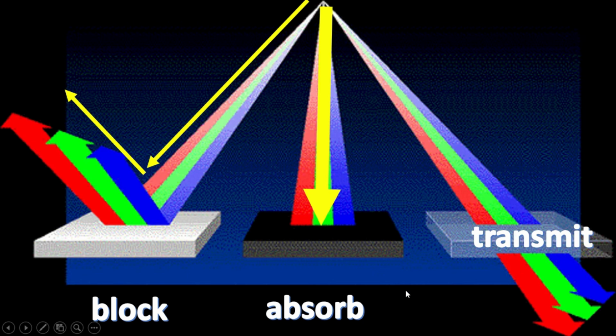Now, another scene is when the light passes through this transparent object, it will directly pass through it because it is transmitting the light and because this is a transparent object. So this is how the light moves or passes.